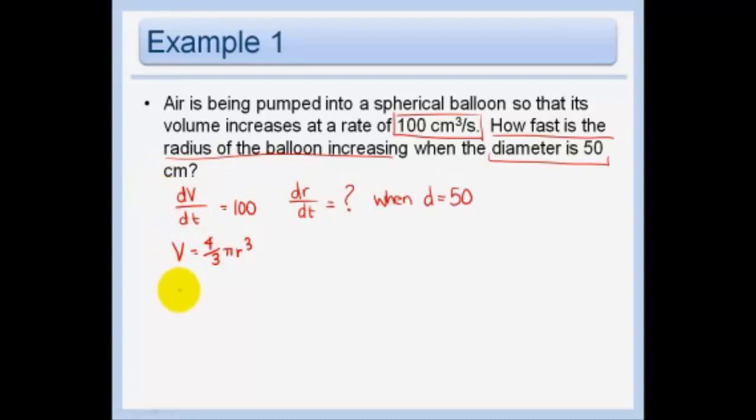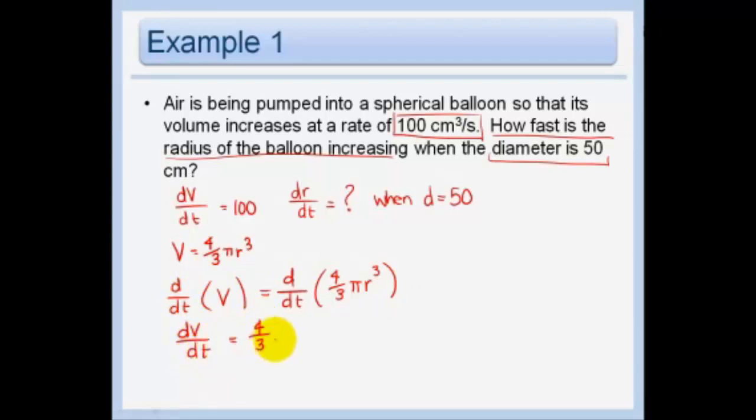So if I take the derivative with respect to t of both sides of this equation, just like I did in implicit differentiation, we're going to get dV dt equals... You can pull the 4/3 pi out because that's a constant.